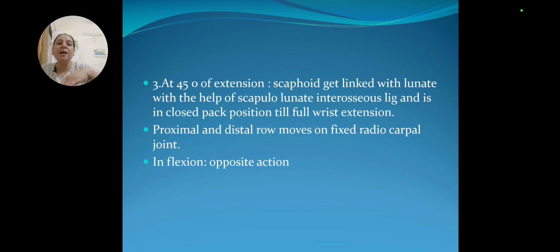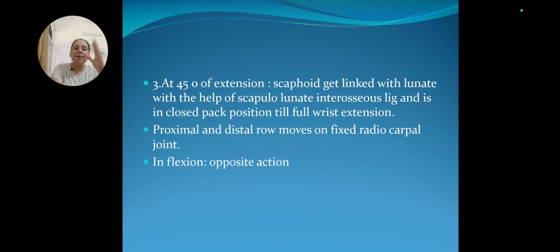So that means initially, until neutral position, only the distal row is moving, whereas from neutral position to full extension, the proximal carpal row brings about the full extension. There is a role of the scaphoid as well as the scaphoid and lunate close packed position. There is an interaction between these two, and only then is this movement taking place.